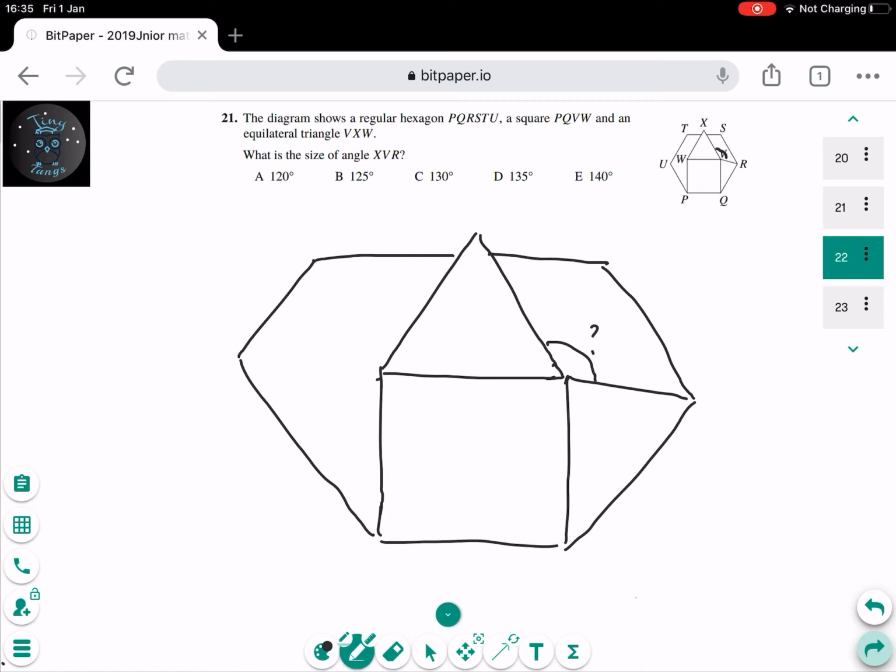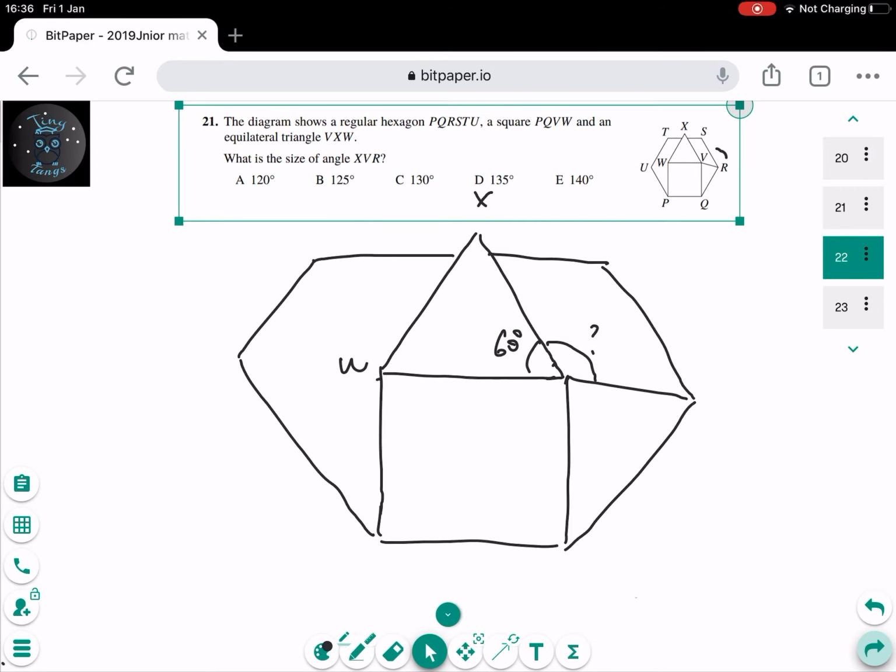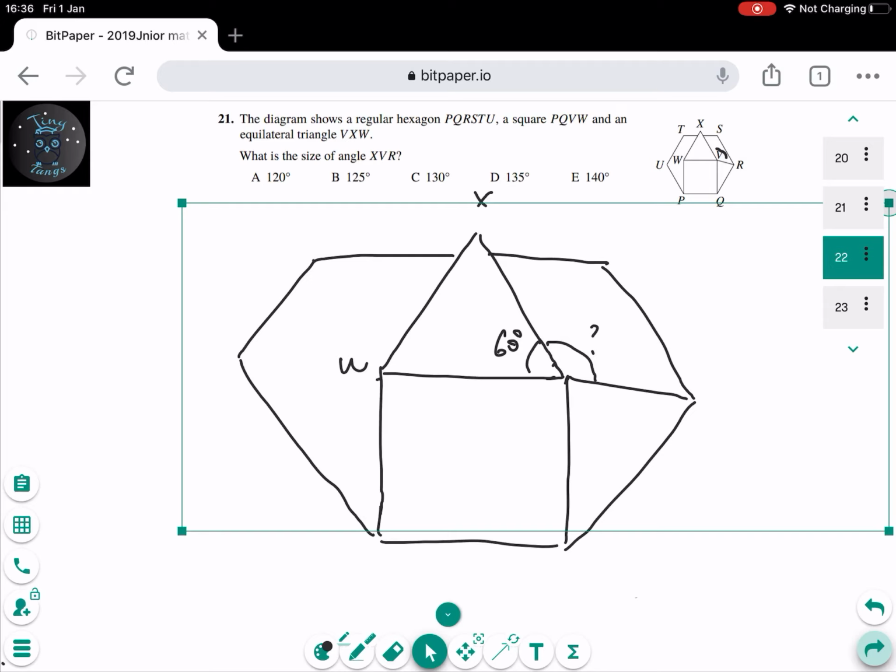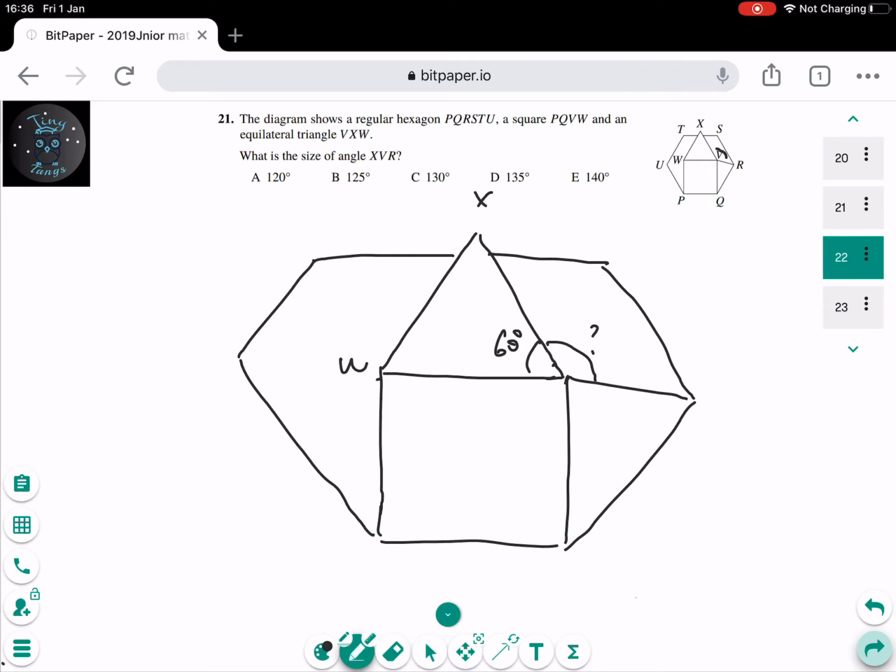And we know that this is 60 degrees because XWV is an equilateral triangle. So these are all 60, and that's 90 degrees because it's a square.